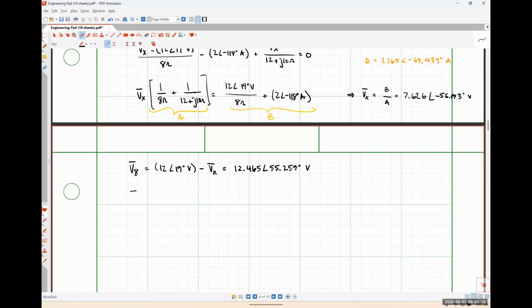And similarly, IL is just going to be Vx over that 12 plus J10 ohms, which I get to be 0.488 angle negative 95.999 degrees amps.